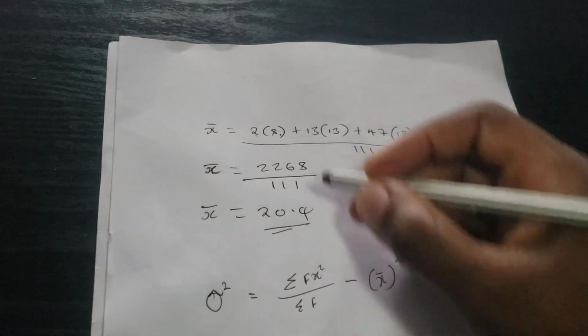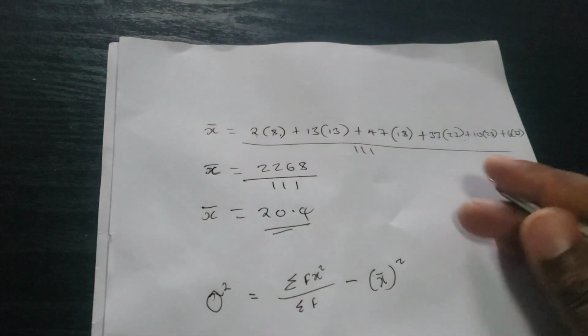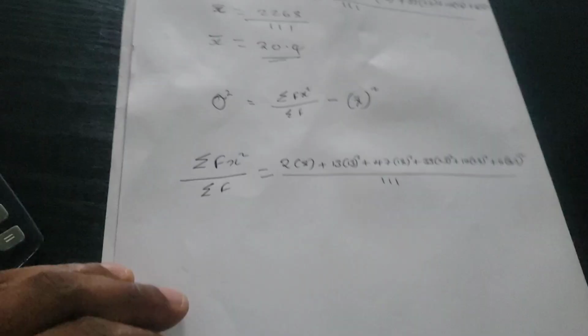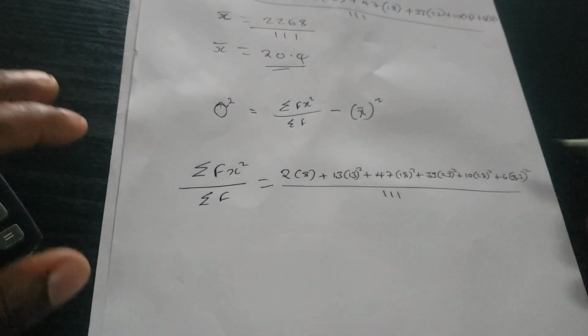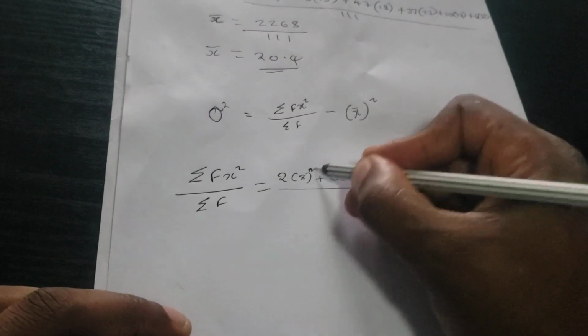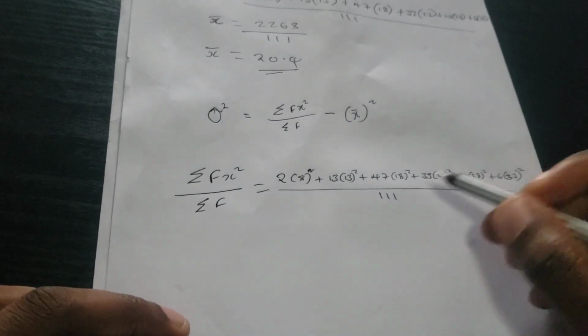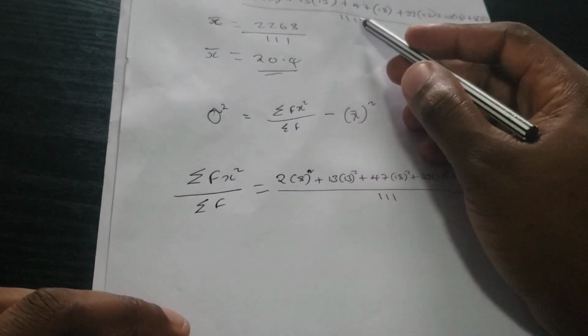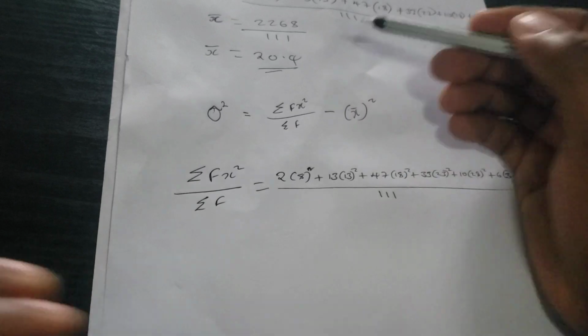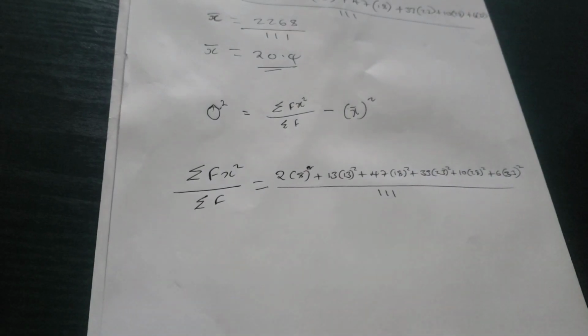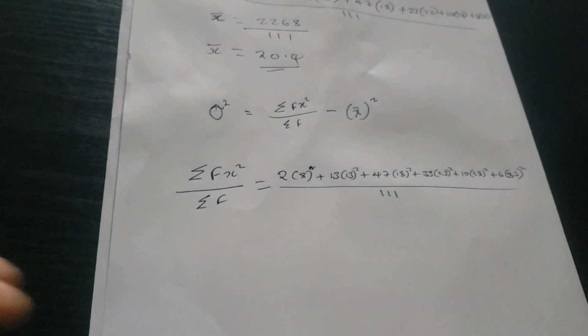Let me write it down here: we square each x over the summation of f, which is the total of our frequency that we found, 111.